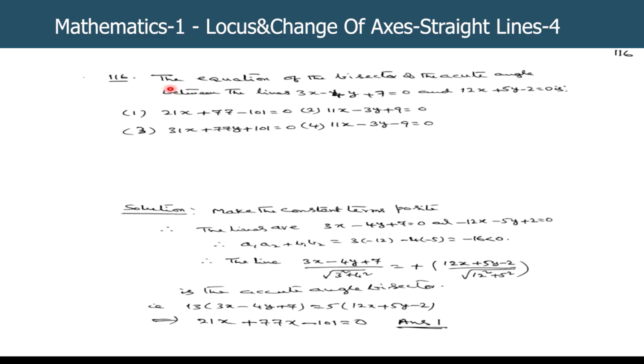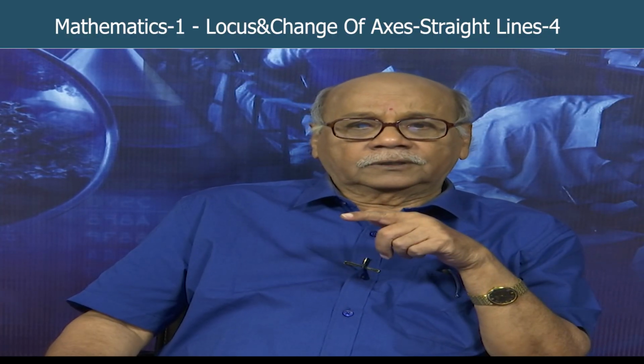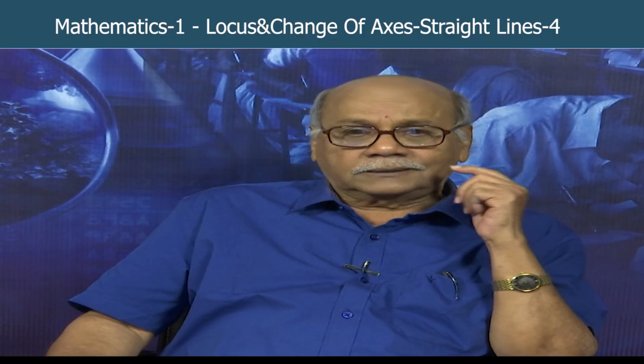Now, could you understand? This is another method. In both equations, make c1 and c2 always positive. If they are positive, well and good. If both are negative, multiply the equations by minus sign. If one is positive and the other negative, multiply the equation with the negative constant term by minus sign.